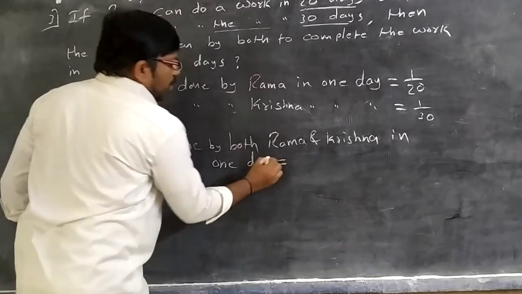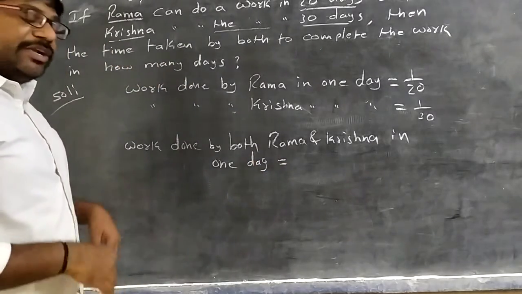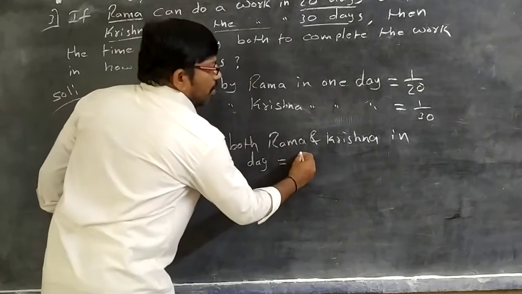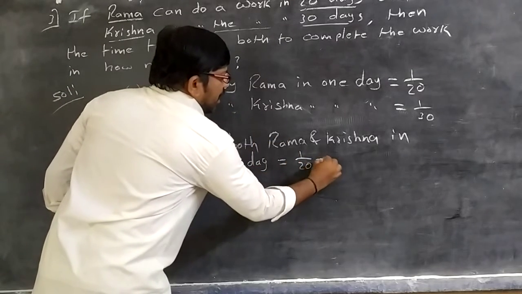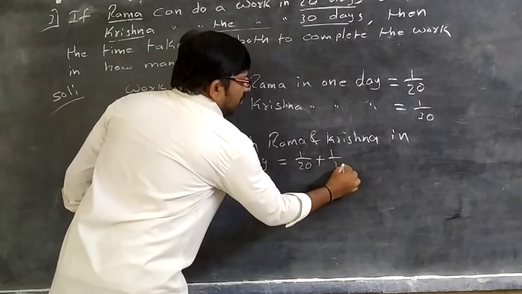So in 1 day, how much portion will they complete together? It is 1 by 20 plus 1 by 30.